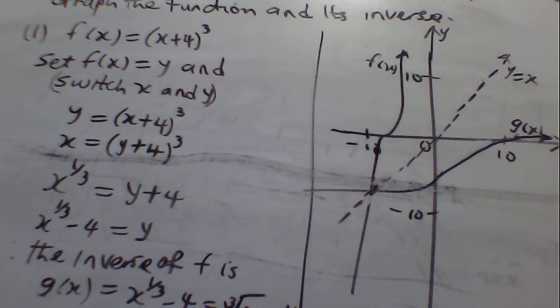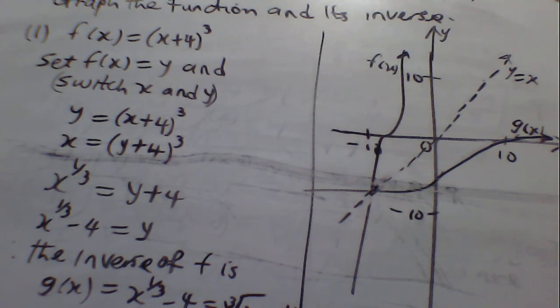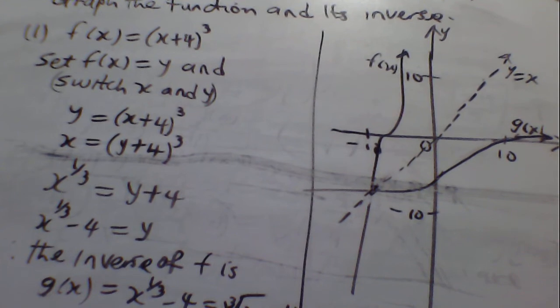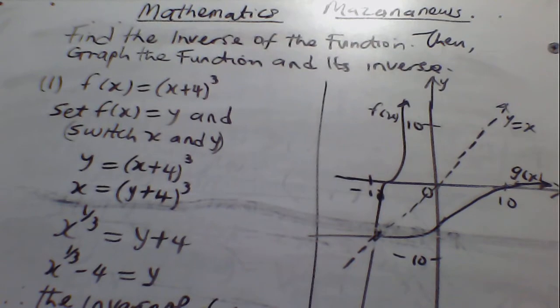So this is how it's going to look, because you are told to find the inverse of the function, then graph the function and its inverse. Let's proceed and do one more example, just to refresh your mind, and then call it a day.